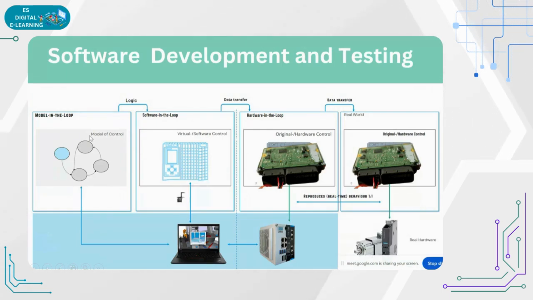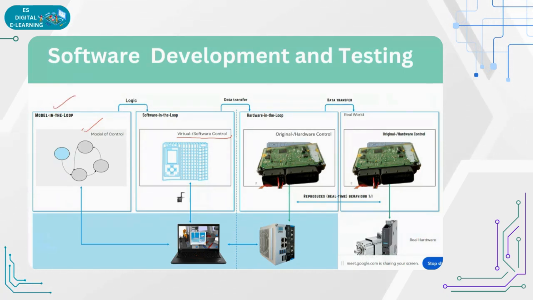Whenever we need to do software development or hardware design, the first step is the modeling loop: what options should be considered. That will be part of the model loop, and that logic will be configured and done virtually, because we don't want to make it in the real world. So it will be software in loop.